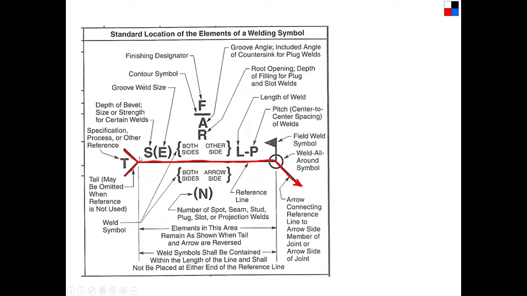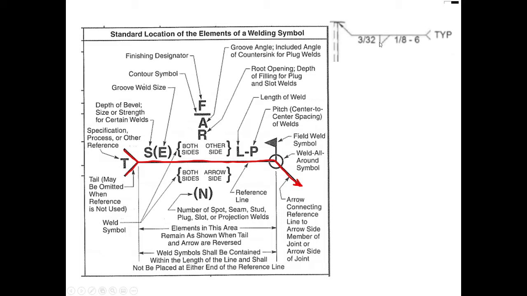Other things that are important are the size of the weld. The size of the weld is measured based on the leg length of the weld. And so if we look at that, this weld is called out as a 3/32 weld. It is a fillet weld.